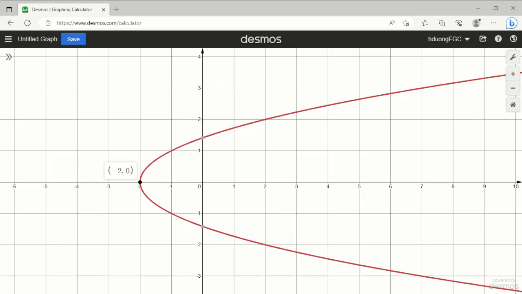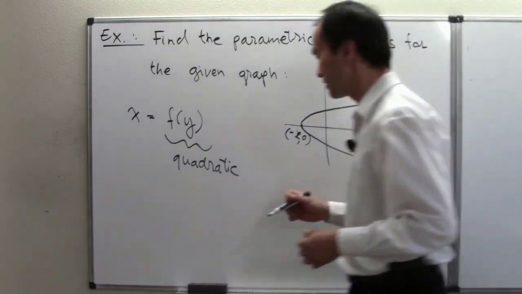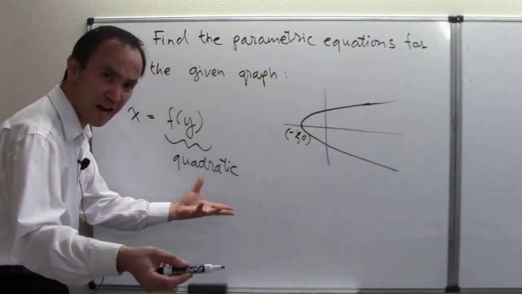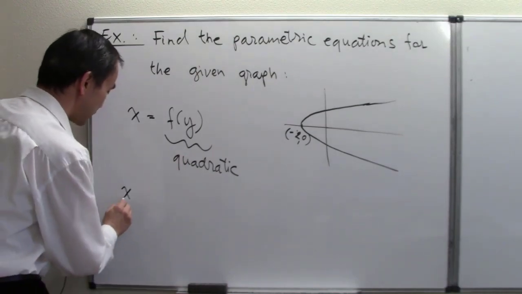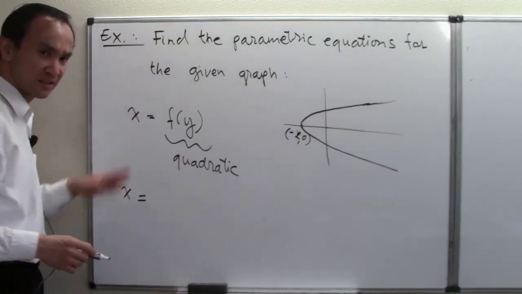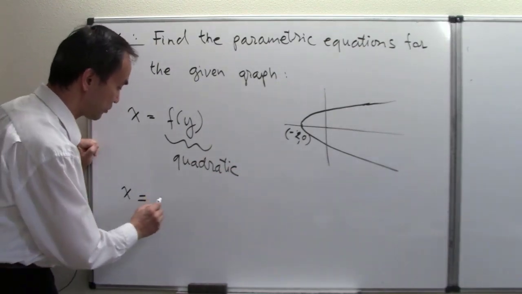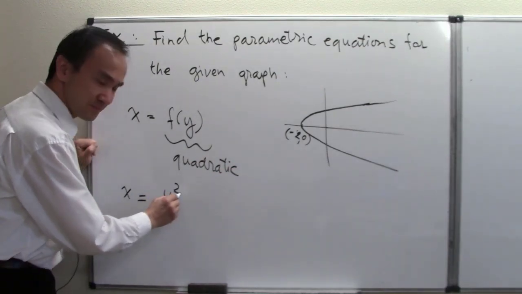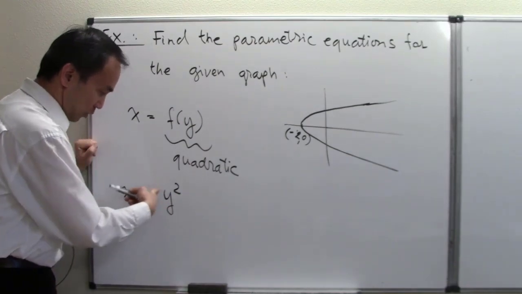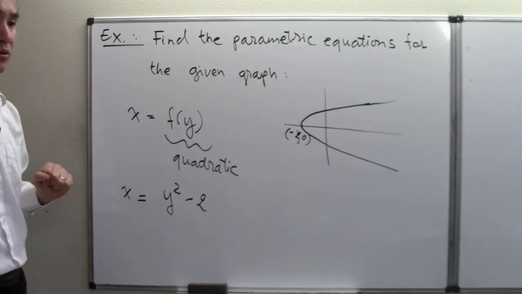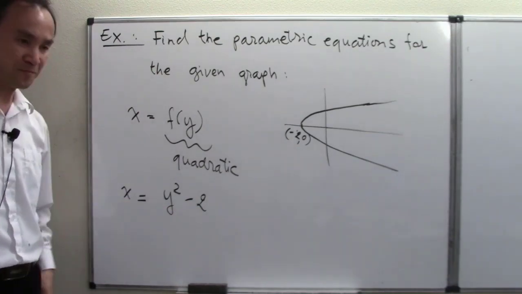That is just enough to say the graph has to be, and it takes some elementary algebra to get this, but allow me to skip those little details because I'm assuming you've had that from past courses, the equation y squared, with coefficient 1, minus 2. So your equation is x = y squared - 2.